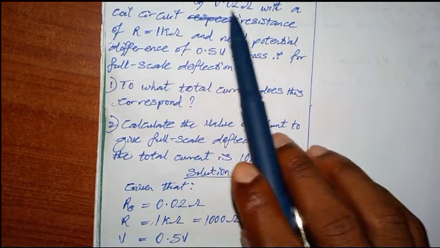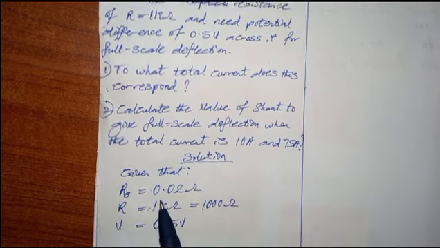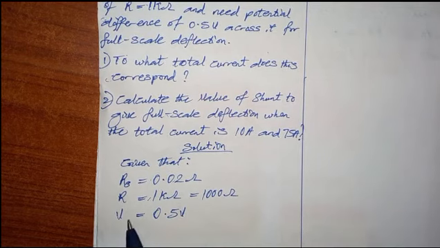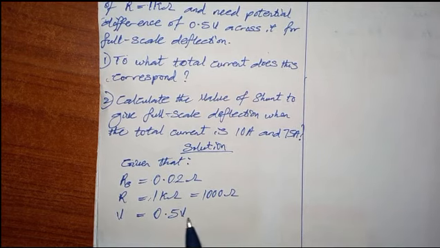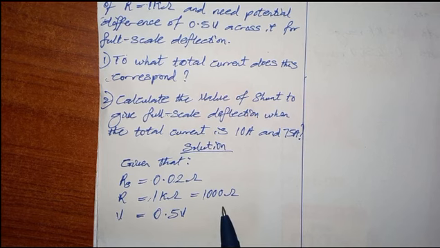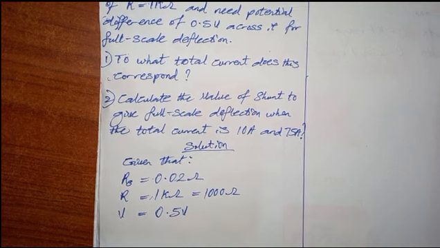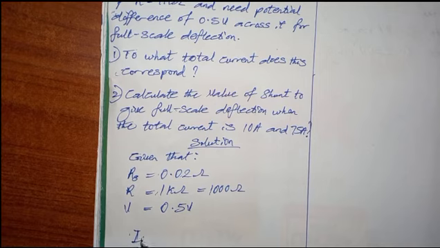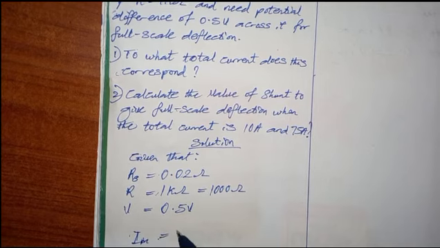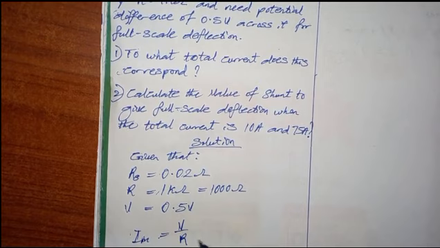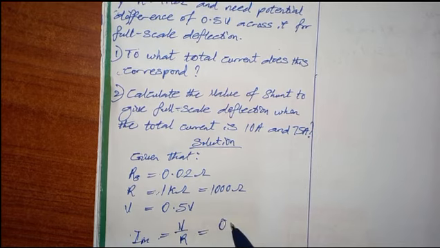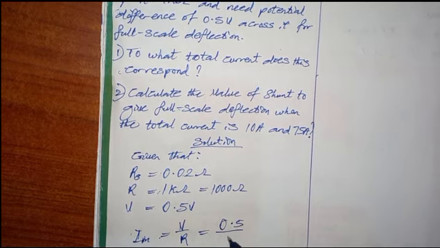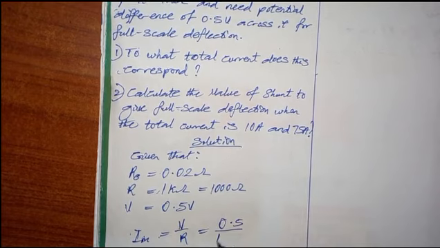The shunt resistance is given to be 0.02, the coil resistance is given here to be 1 kilo ohms, which is 1000 ohms, and the voltage is 0.5. Then doing the solving, we have the formula Im is equals to V over R, where V is the voltage here, 0.5, and R is 1000.